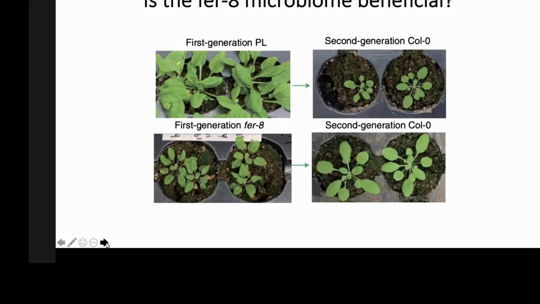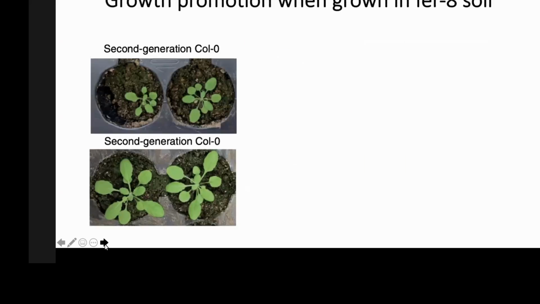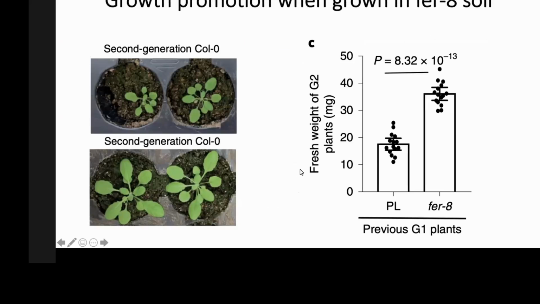But what they then did, what I thought was kind of cool, was that they took the soil from these first generation parental line, as well as from the FER8, and then they planted wild type Arabidopsis plants. And then they looked at first the fresh weight of these G2 plants.